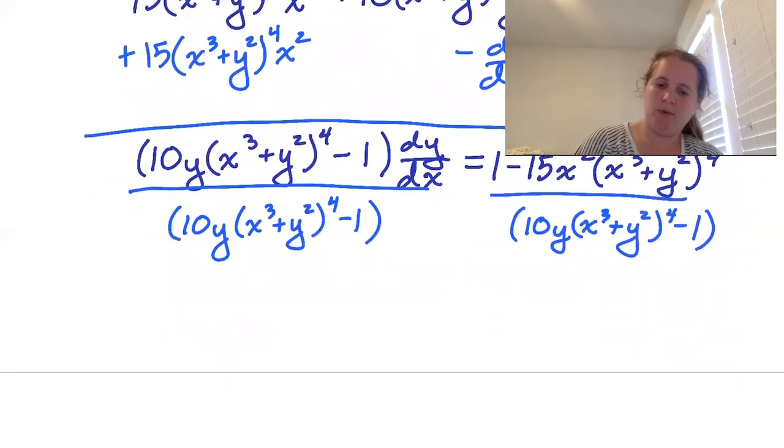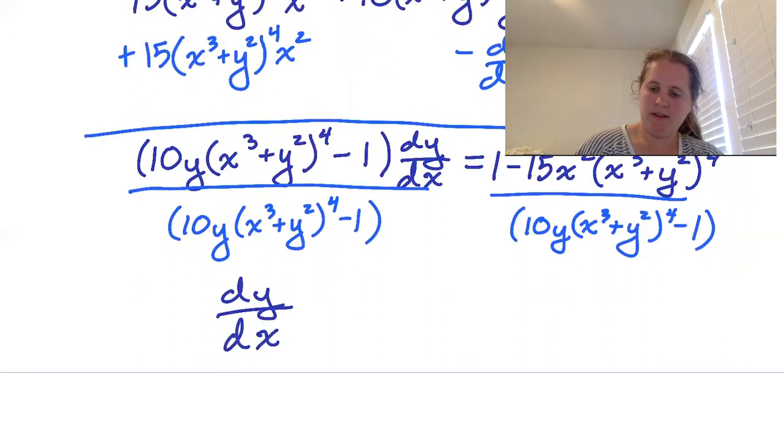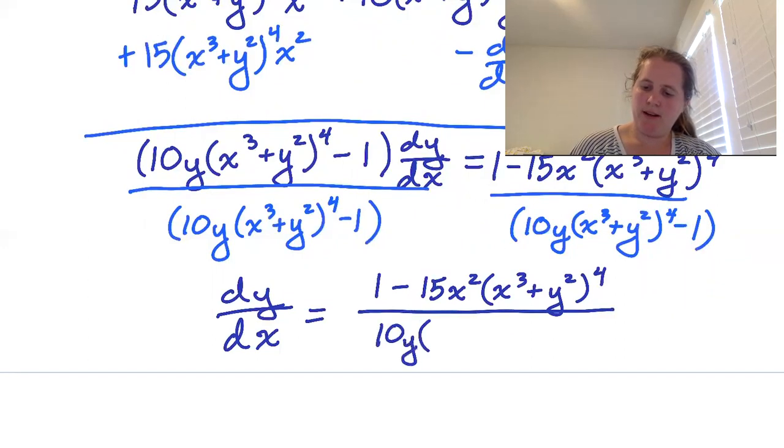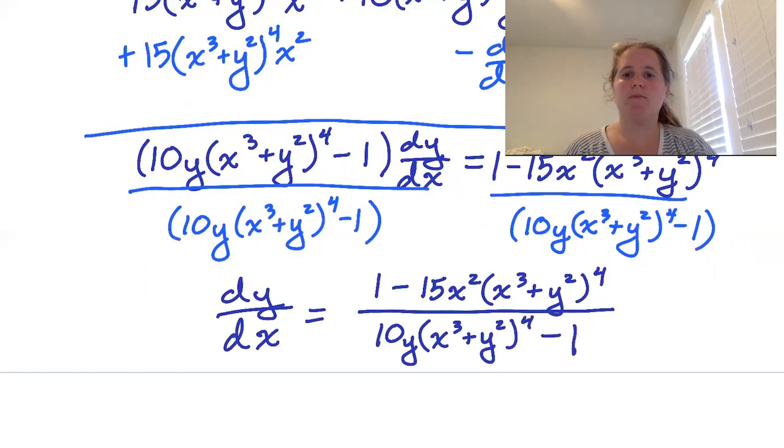And we wind up with dy/dx is equal to 1 minus 15x squared times (x cubed plus y squared) all raised to the 4th power, divided by 10y times (x cubed plus y squared) raised to the 4th power minus 1.